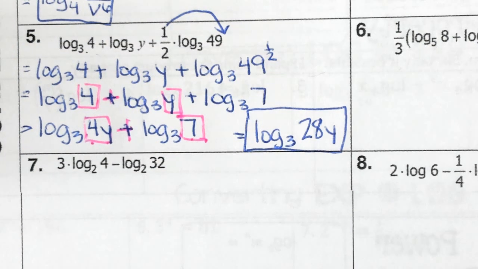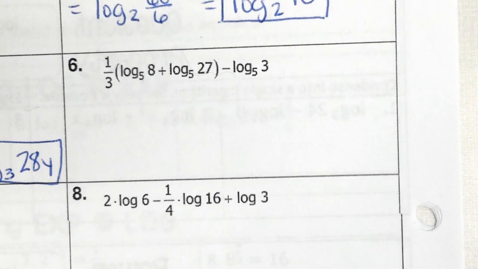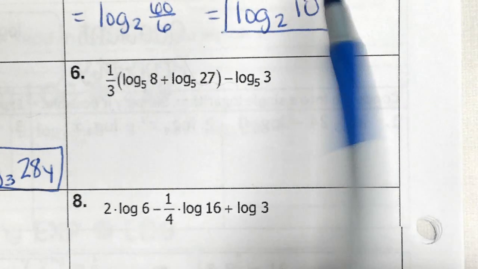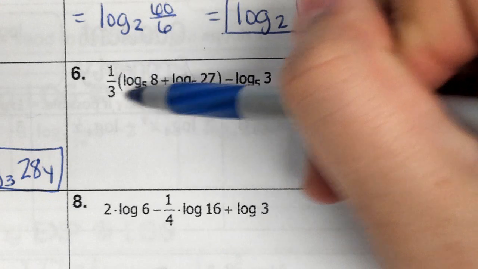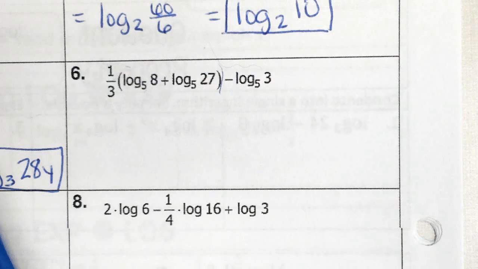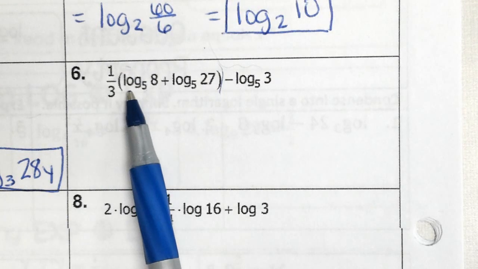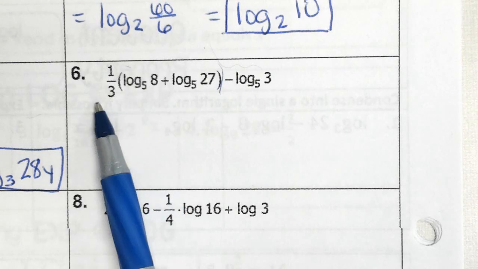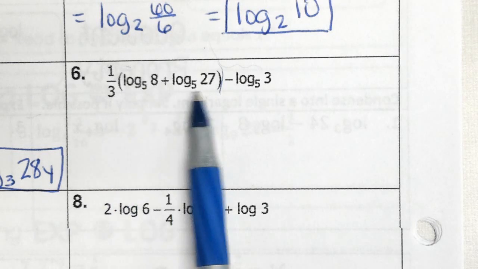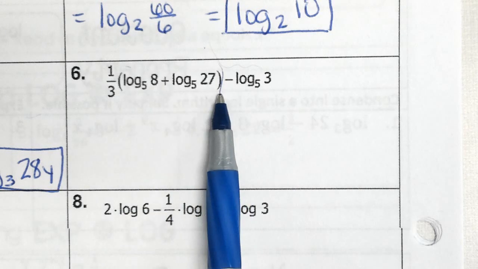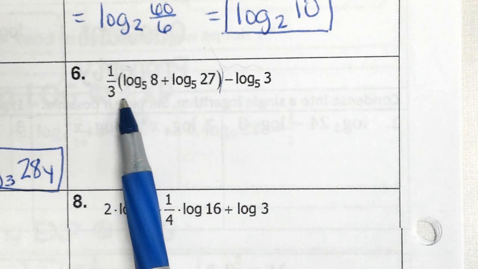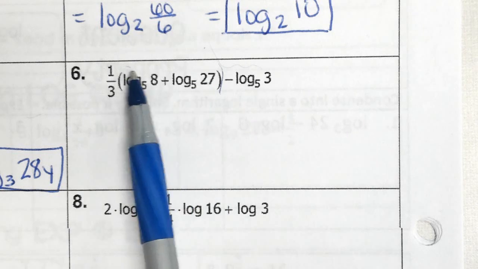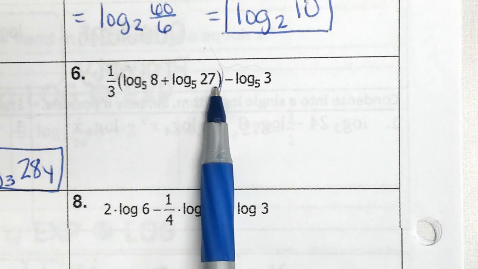Okay, moving on to number 6. So I chose to put number 6 in the lesson because this 1/3 is in front of a parentheses. The 1/3 is acting like a number in front of a log. But instead of this 1/3 only attaching itself to the first log, it's attaching itself to both of these because they are both in the parentheses. So once again, that 1/3 is attaching itself to both because of the parentheses.